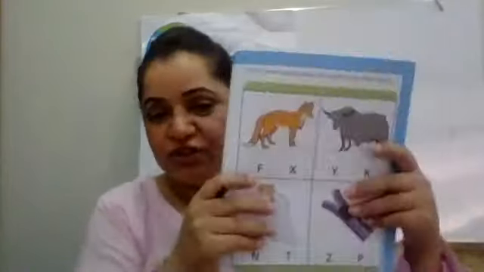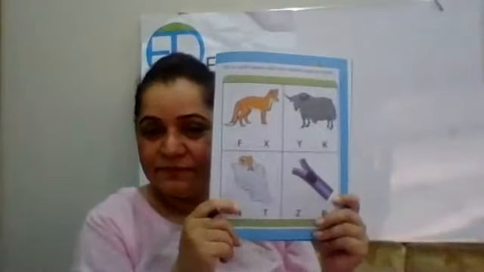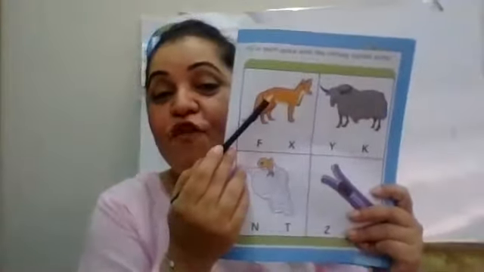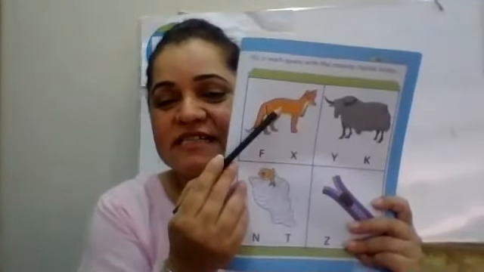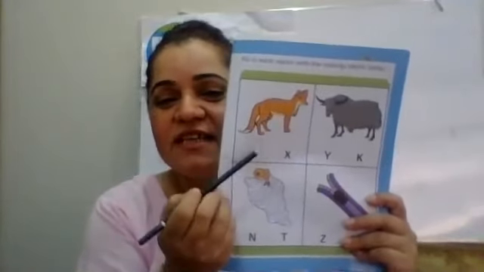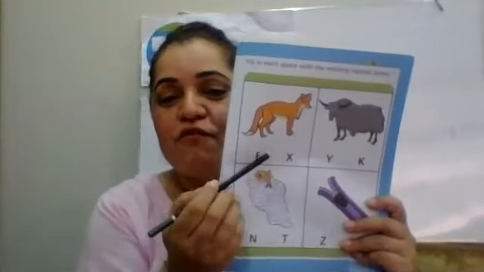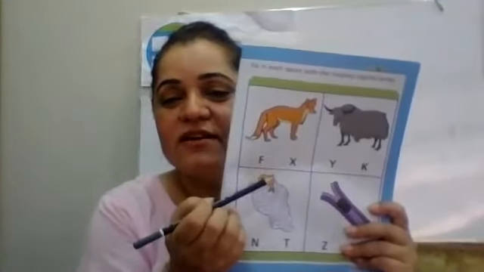Okay, now you're just going to flip the page, right? Come up onto this page. Okay, so what do we see over here? Fox.